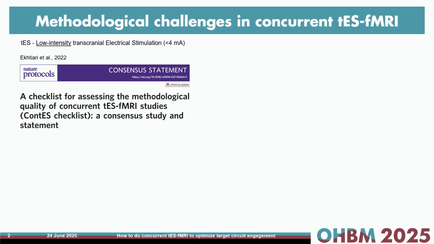So this initial part of the talk was heavily inspired by a consensus paper on best practices for both performing and reporting tES-fMRI studies. I collected a pair of quotes that I think summarize quite well the need for having this talk.